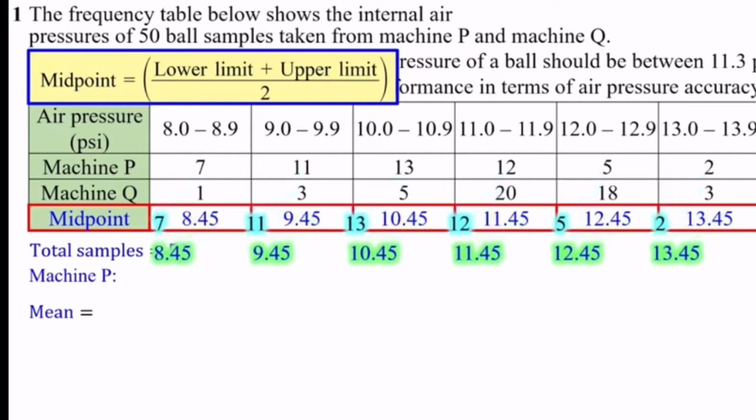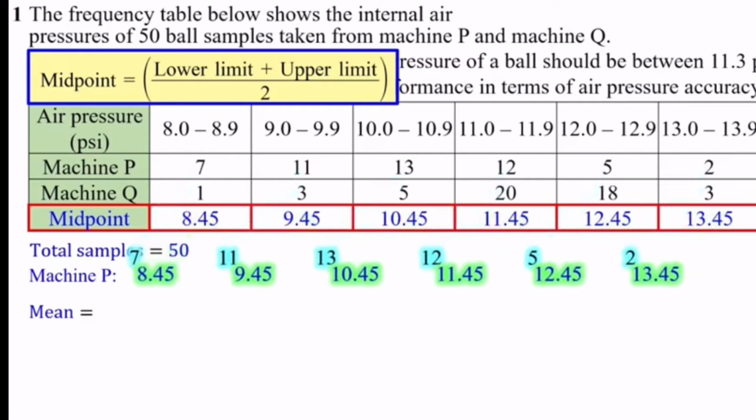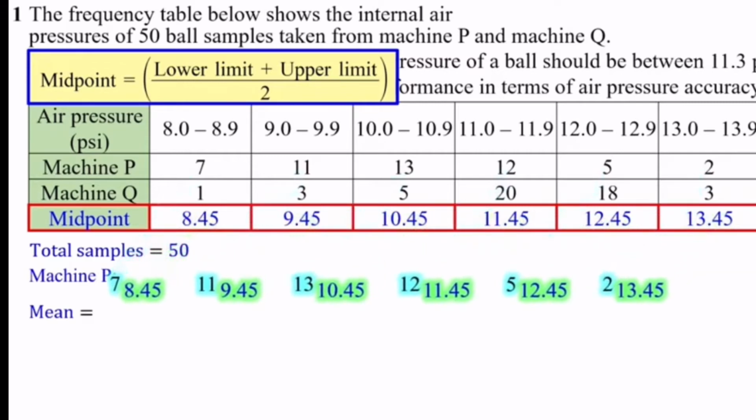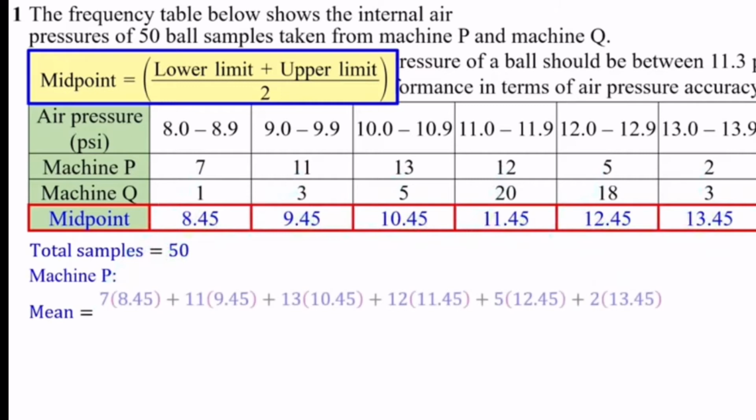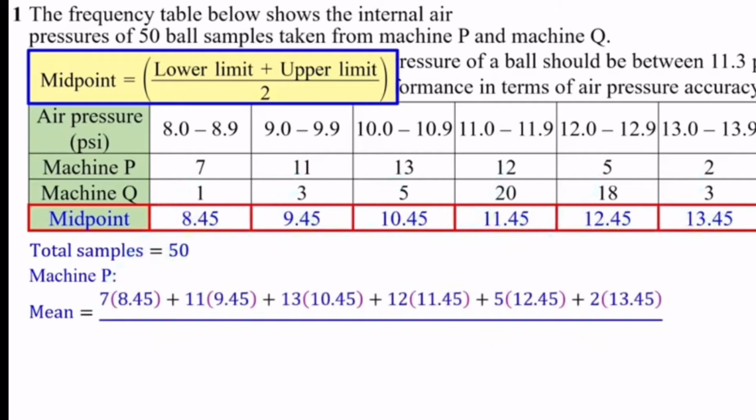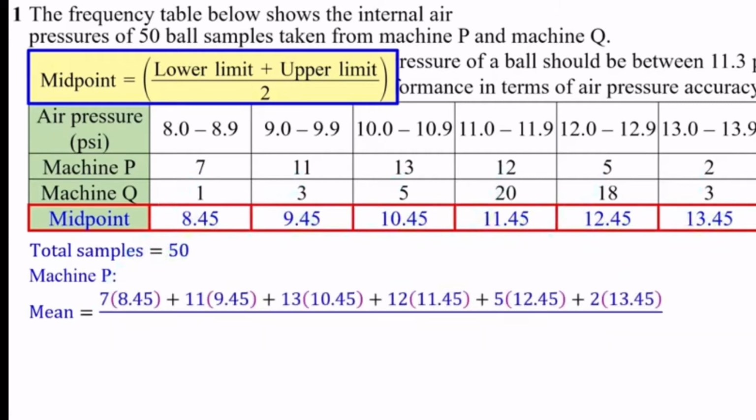Let's see, we are going to times 7 multiplied by 8.45 plus 11 times 9.45 plus 13 times 10.45 plus 12 times 11.45 plus 5 times 12.45 and then plus 2 times 13.45 over total frequency, which is 50, right?